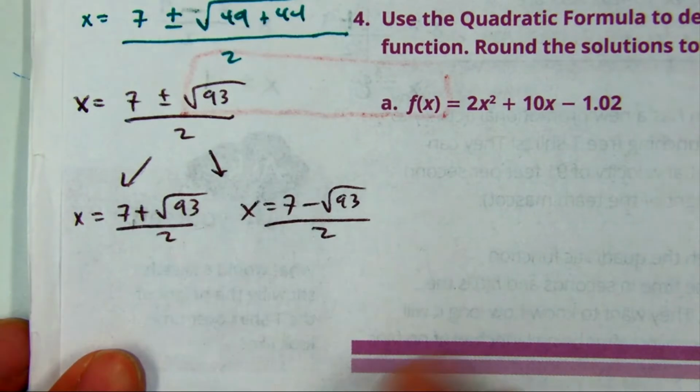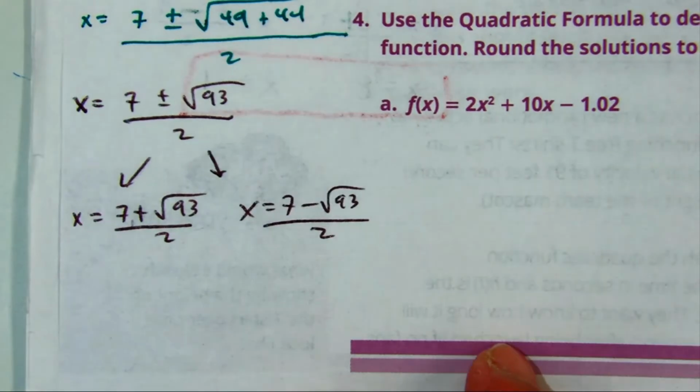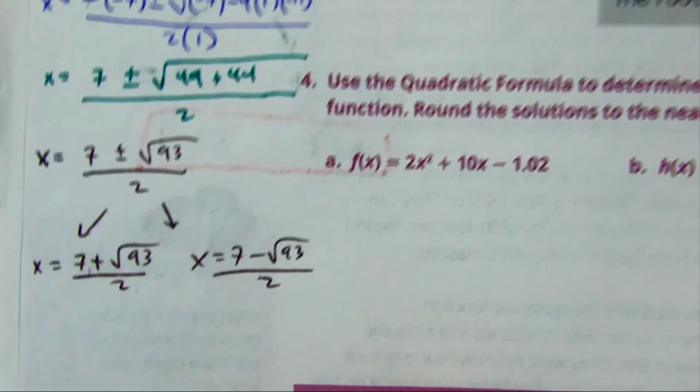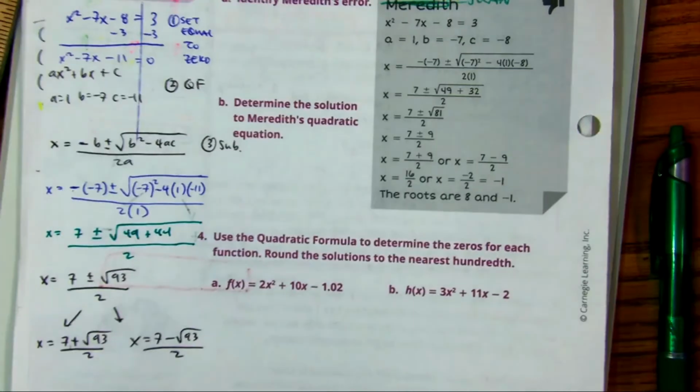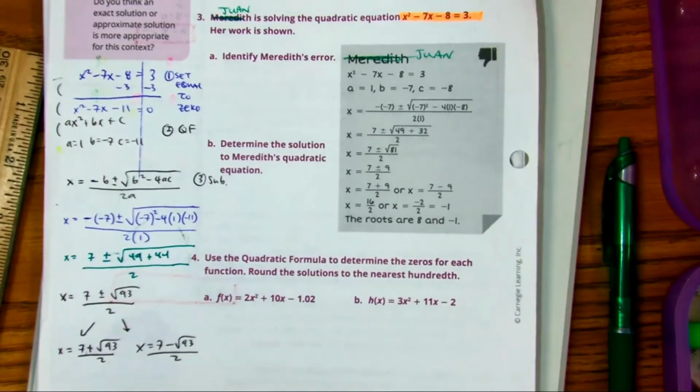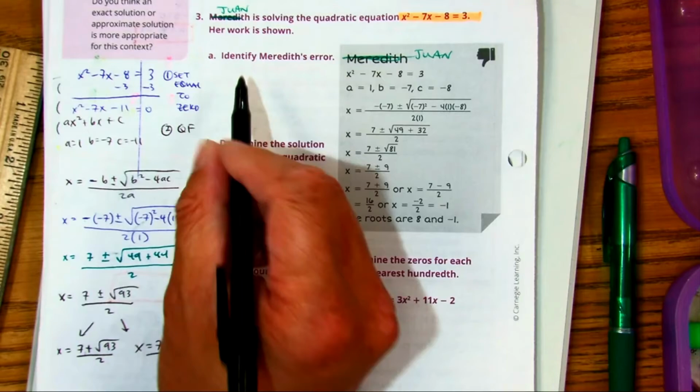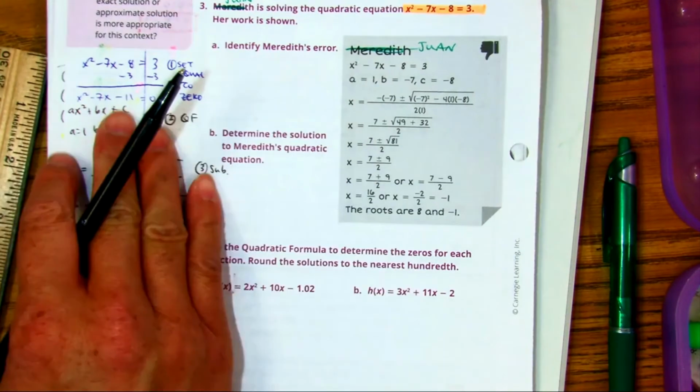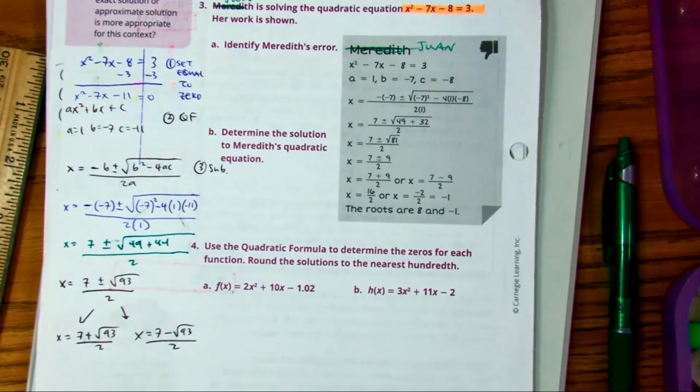Alright, let's go back now and see if we can identify Meredith's error. I'm sorry, Juan's error. Okay, with your partner, take 20 seconds, take a look here, take a look there, put your finger on it, circle it, something.